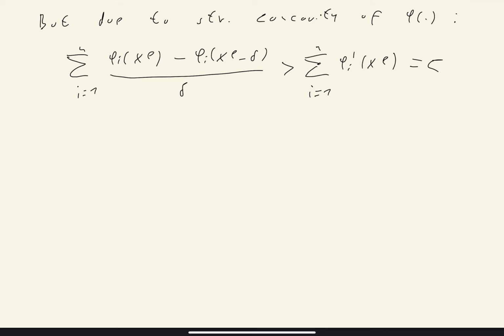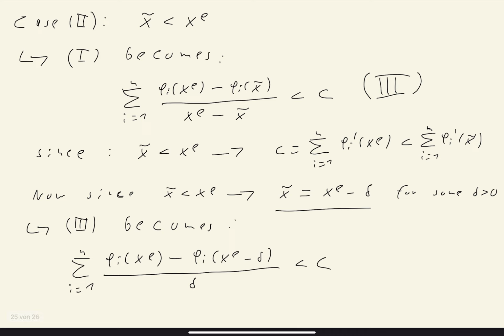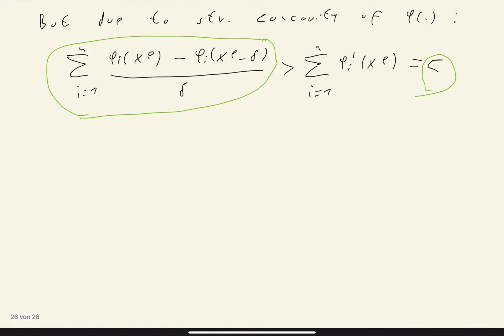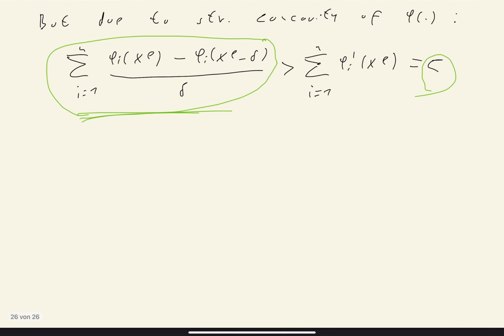So we showed that due to strict concavity, this must be strictly larger than c. But if we assume that the xe allocation is not fulfilling condition 3 in definition 1, we end up with this condition here, which is a contradiction, because the left-hand side cannot be strictly smaller than c and strictly larger than c at the same time.